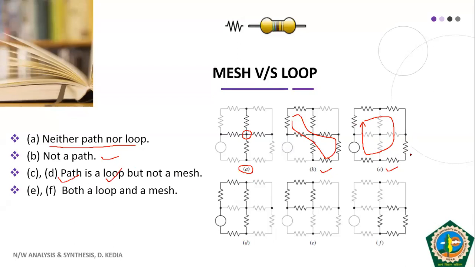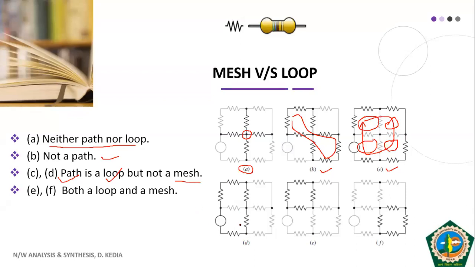But you see here that there are some sub loops in between. What I have drawn is the bigger loop. If you talk about smaller loops, this is another loop, this is another sub loop, this is another sub loop. So we have sub loops within a loop, that's why it is not a mesh.